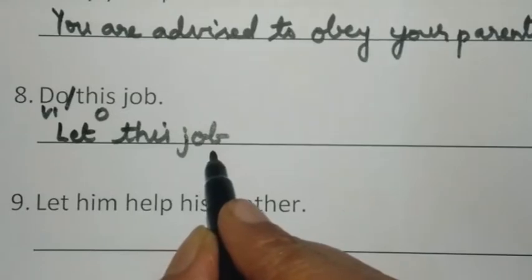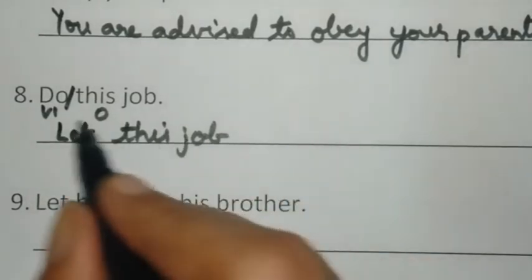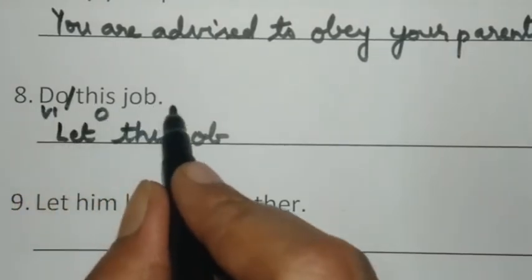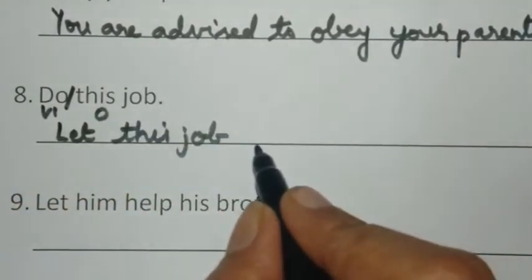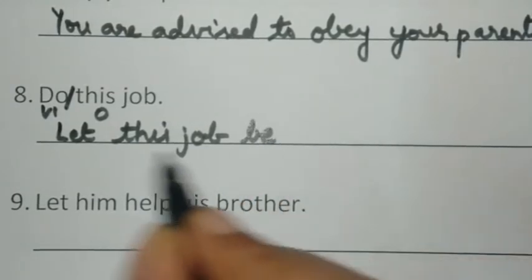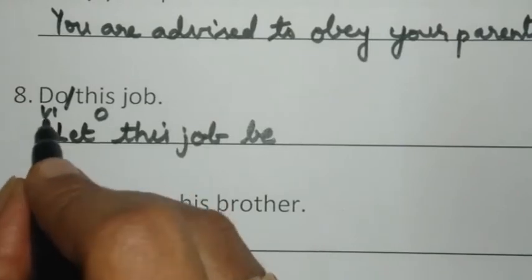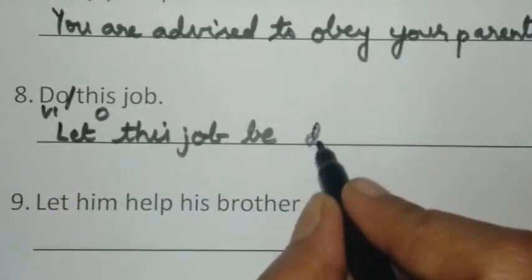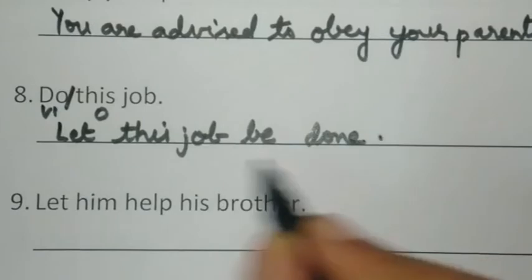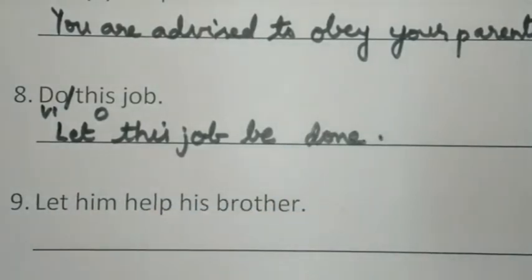Now you have to find out the sentence is a positive or negative to write be or not be. Do this job is a positive. So you have to write what? Be. Then you have to write the third form of verb, that is V1 is do, V2 is did, V3 is done. Let this job be done is the passive voice.